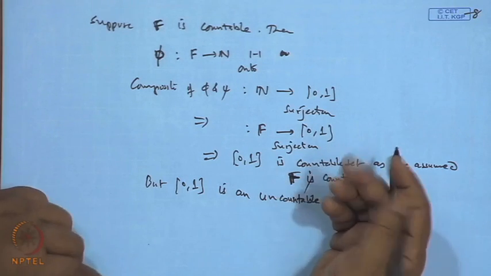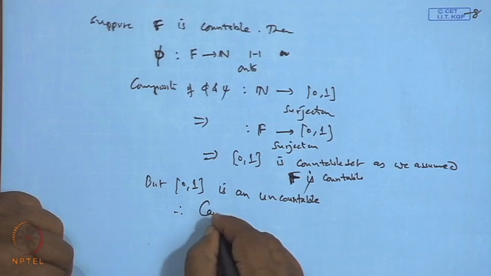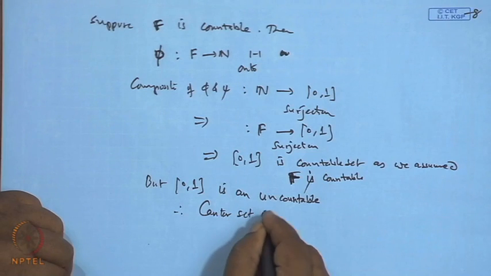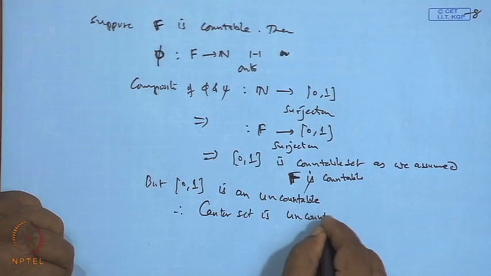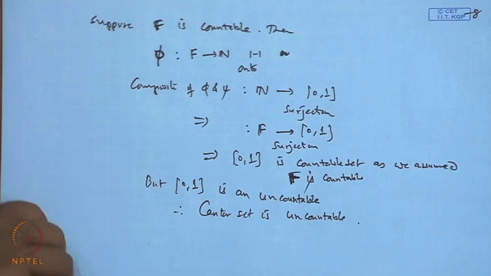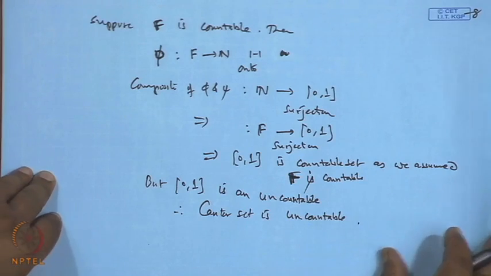So, our assumption is wrong. Therefore, the Cantor set is uncountable, and that proves the result.